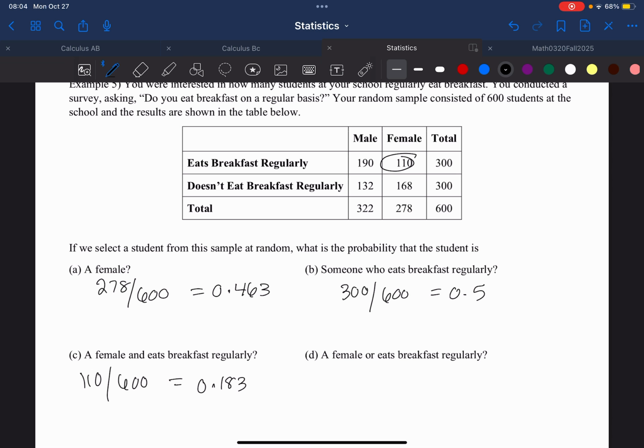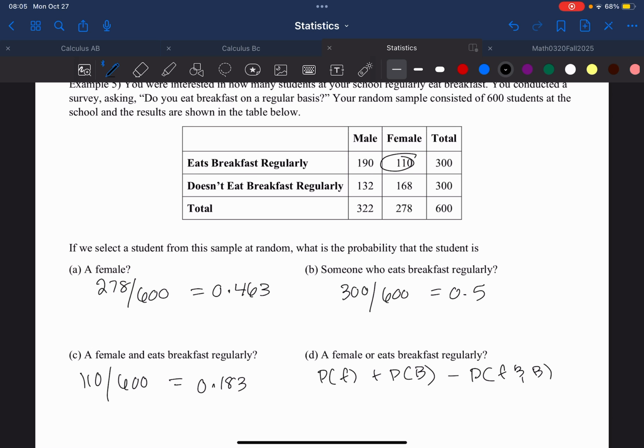Then it says a female or eats breakfast regularly. Well, remember, that's the same as saying the probability of a female plus the probability of someone who eats breakfast regularly minus the overlap, so minus the probability of female and eats breakfast regularly.